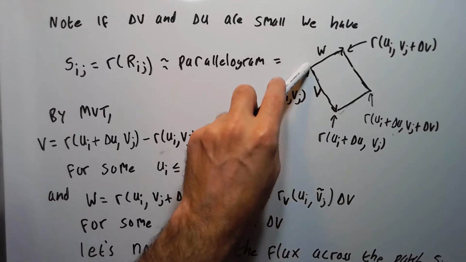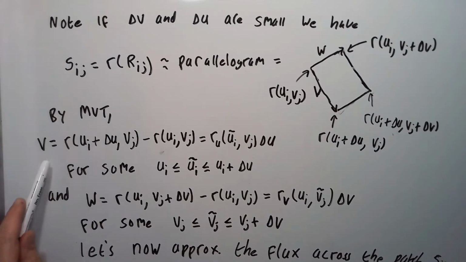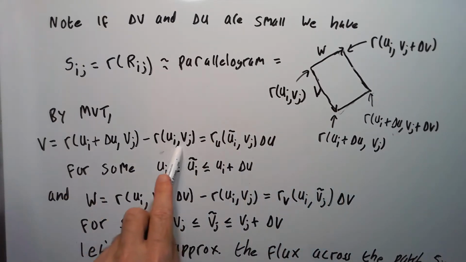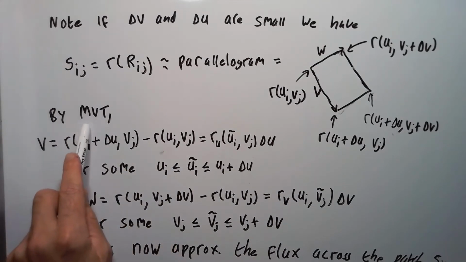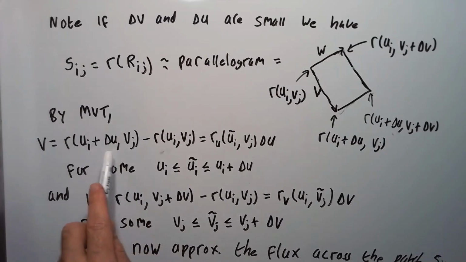I'm going to call this vector here W and this one V. So V is going to be this one minus that. I'm going to apply the mean value theorem to it. You can see the thing changing is the U component.